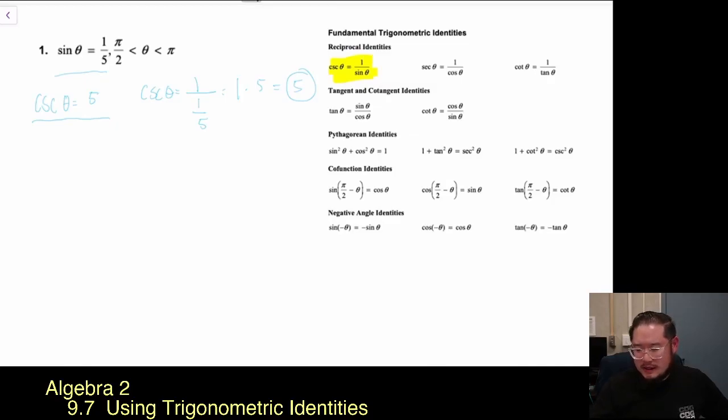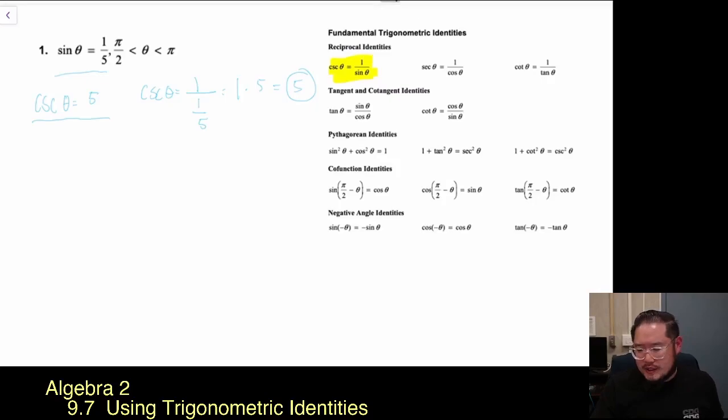Is there anything that has sine or cosecant in it that will allow me to solve for another identity? And there's more than one way for you guys to solve some of these problems. So you can be creative. Maybe you thought of something else. Even though I may be solving it one way, you might be able to solve it using a different Pythagorean identity or any other fundamental trig identity to help you along the way.